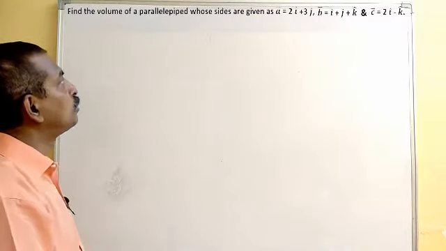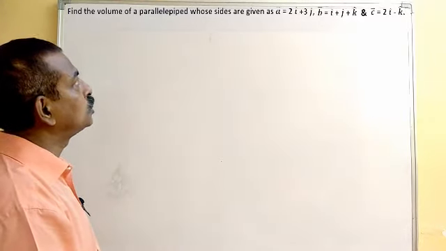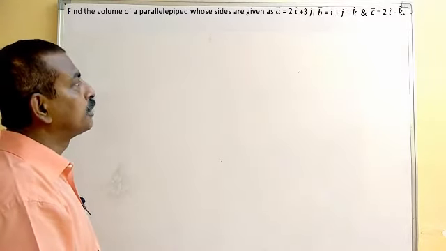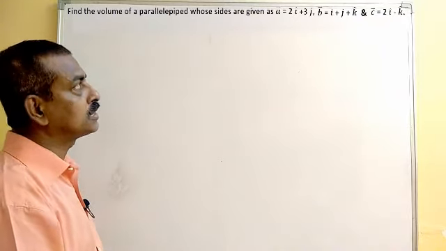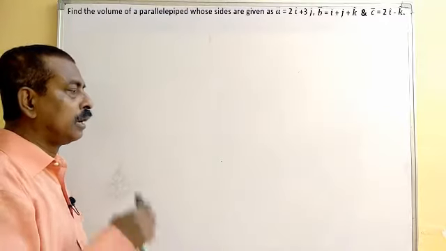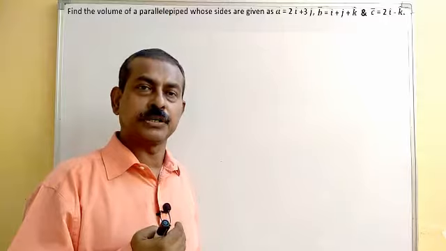Next, you have to find the volume of a parallelepiped whose sides are given as vector A as 2i plus 3j, vector B is i plus j plus k, and vector C is 2i minus k cap. Now, the volume of a parallelepiped is given by the scalar triple product.